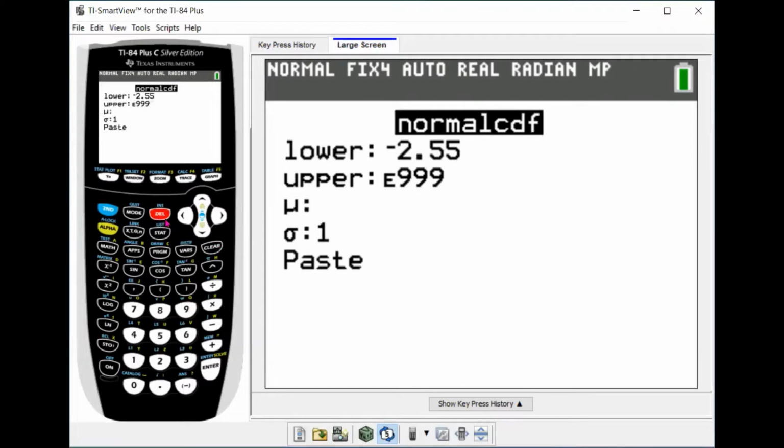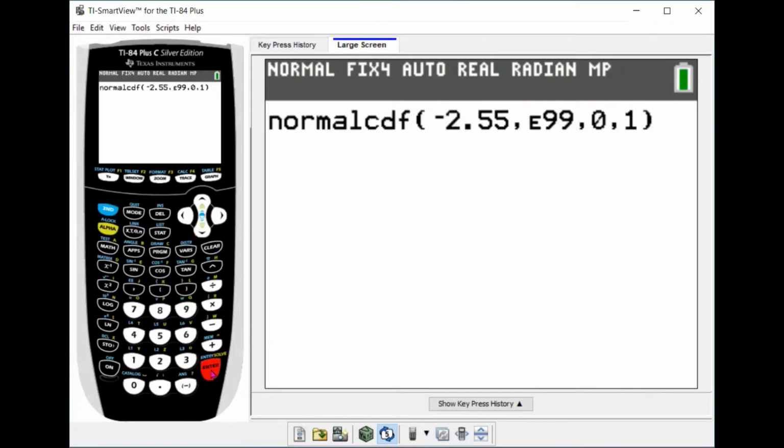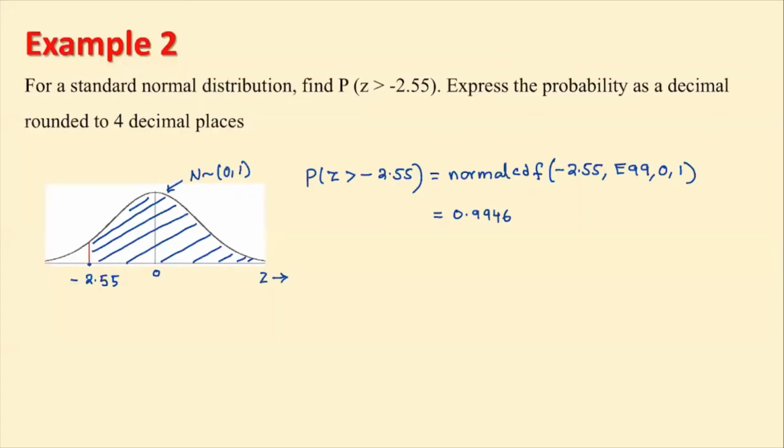And then mean is 0 because it is the standard normal distribution. Standard deviation is 1. We paste that in the main screen and then hit enter to get the result, which is 0.9946. So we got the probability that z is greater than negative 2.55 as 0.9946.